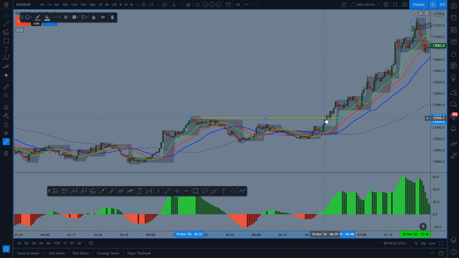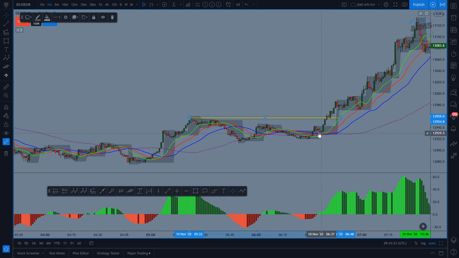If it was to fail there, turn around, and hit my stop loss, I won't lose, because that's the most important thing, isn't it? We don't want to lose. So you want 1R there. If there was 1R distance, I would say, okay, I'll take it and see what happens.